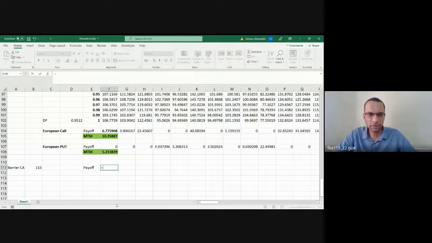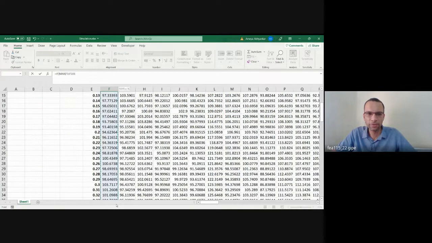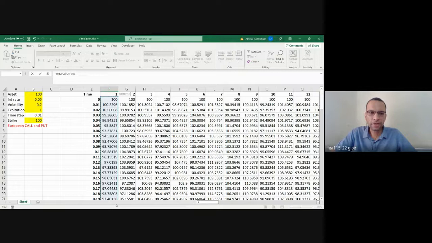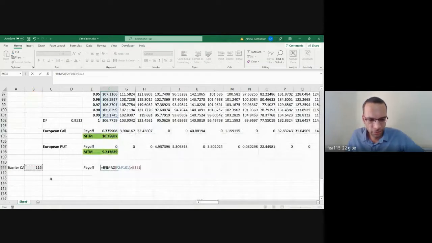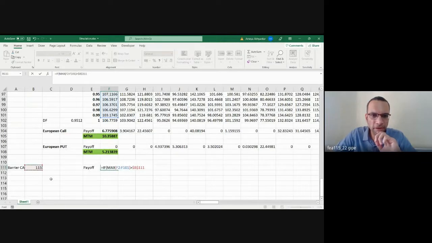So I can have an if, max of, and I don't need the terminal price, but one step below the terminal price. So up till 0.99, from here up till my initial starting point, 100. If the max of these values is greater than the barrier, and just freeze this, if it has breached the barrier, then 0, else it has survived, it is 1.